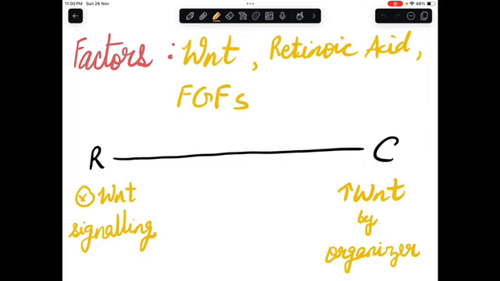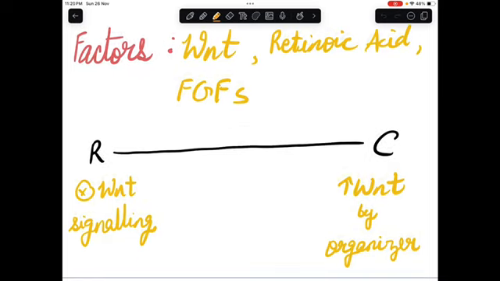This is because the mesodermal cells of the organizer secrete more WNT in the caudal region, and there are certain factors which inhibit WNT signaling at the rostral region. These results suggest that an anterior character is the default state for neural tissue.